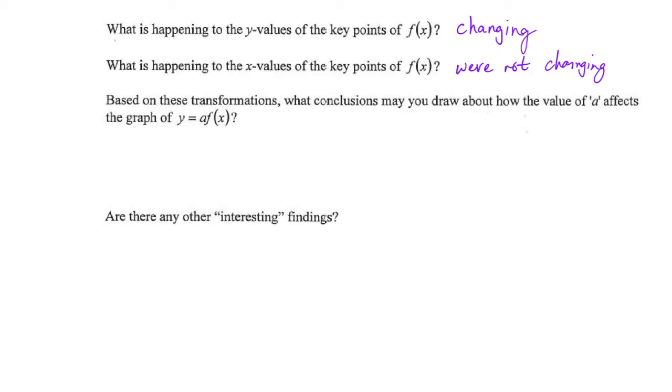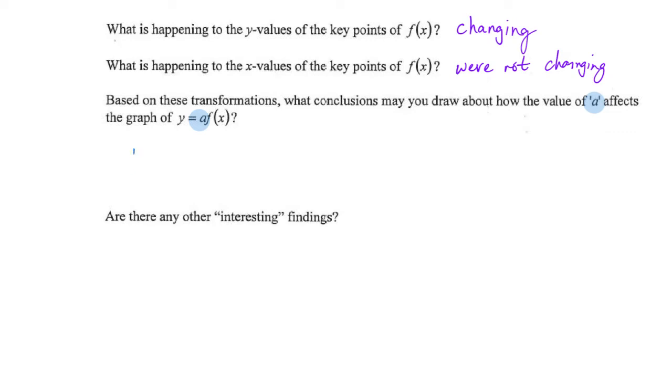And again, I'm going to help you out with the wording. Based on these transformations, what conclusions may we draw about how the value of a, and I want you to notice that a refers to that a in our graph, the value that is attached to f of x by multiplying? What could we now say?